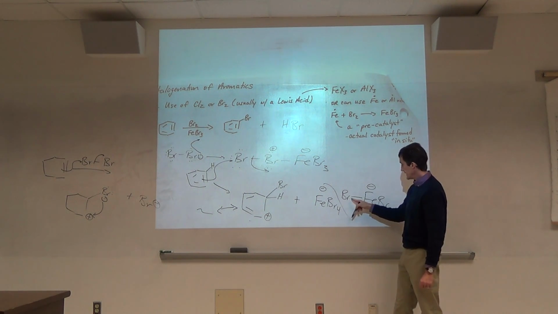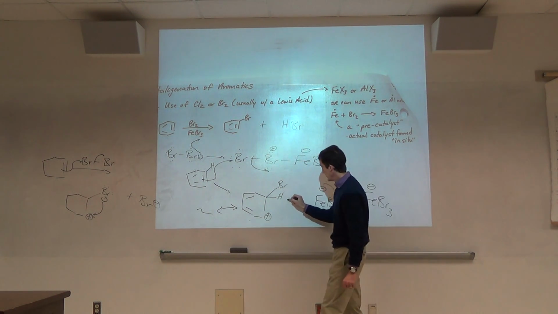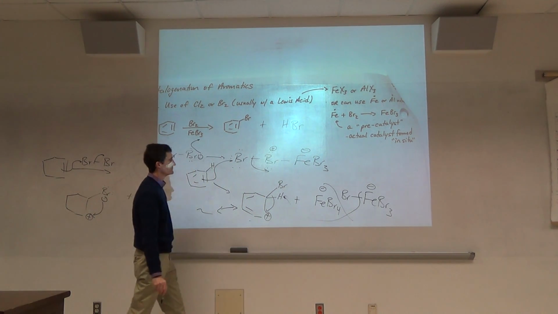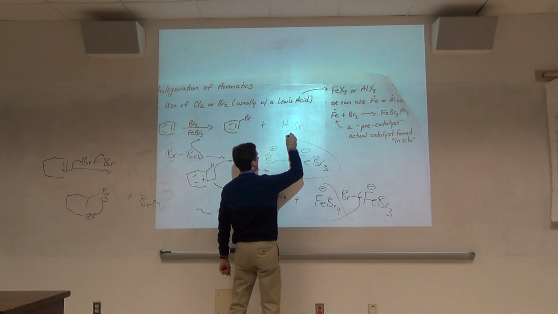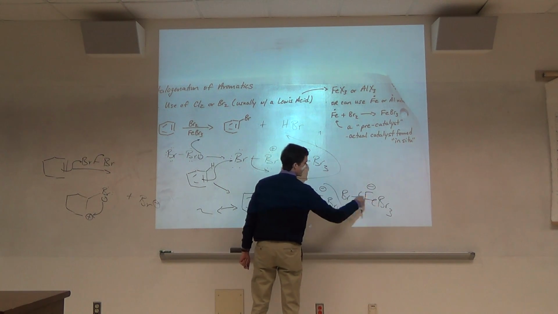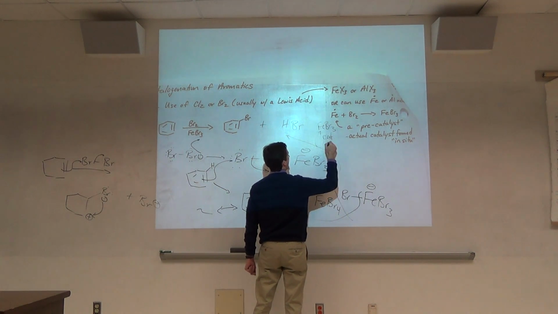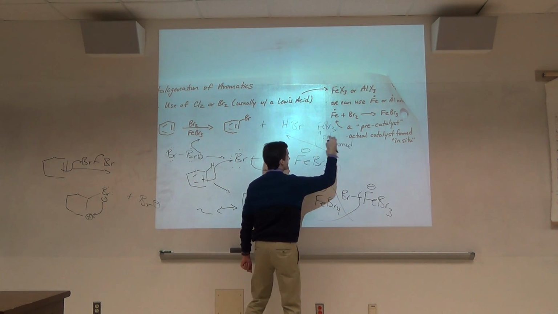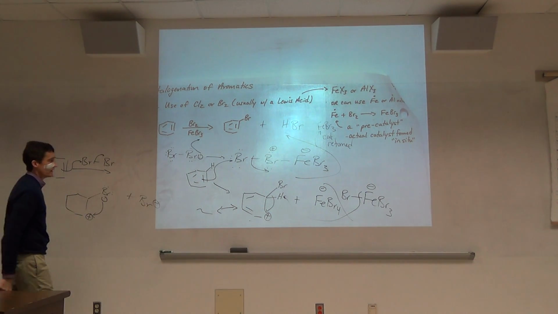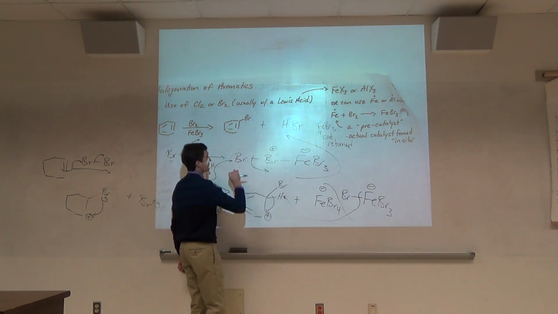You and your electrons need to take a hike. The two electrons take a hike, and they go and bond to the H. These electrons move down here, and what does that give? It gives those two products, plus what? We have FeBr3 reformed. Something takes the H, you restore the aromaticity, you now have a bromine there.